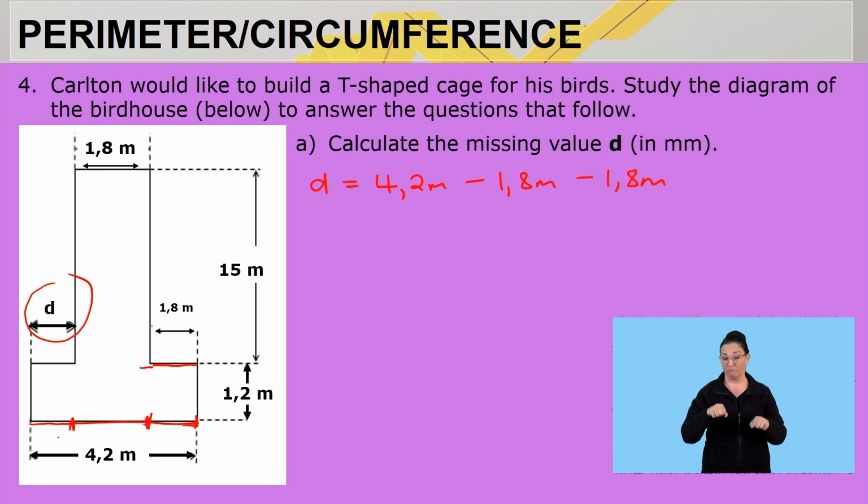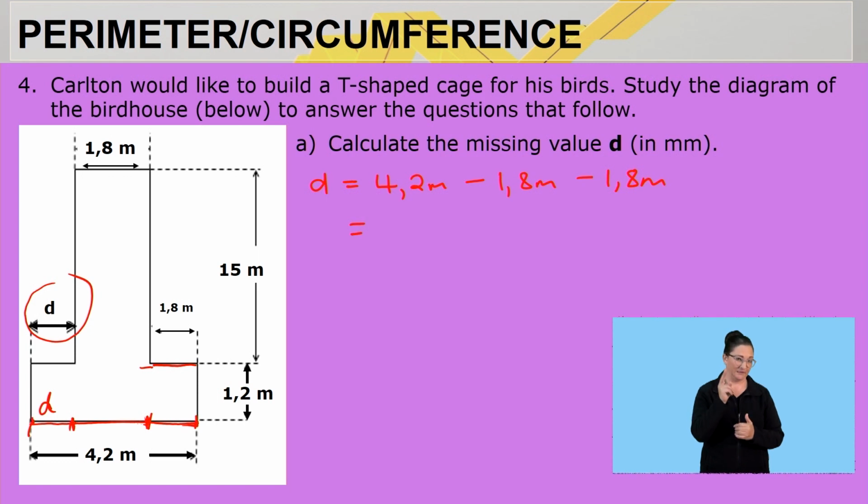Then it means this is what is left here, which is basically D. I've started with what I know, what is presented here, moving into the unknown. So that will be 4.2 minus 1.8 minus 1.8. That will give us an answer of 0.6.